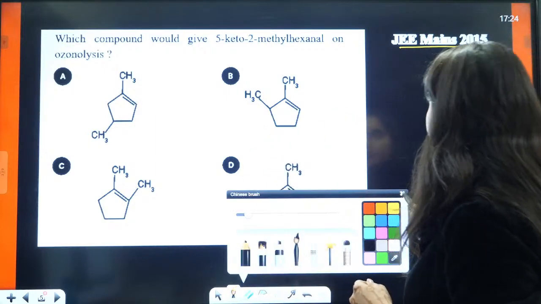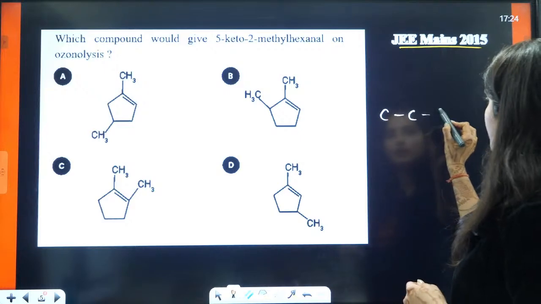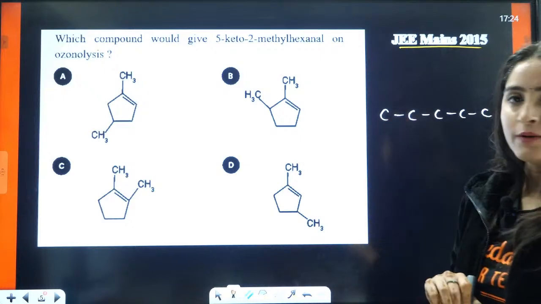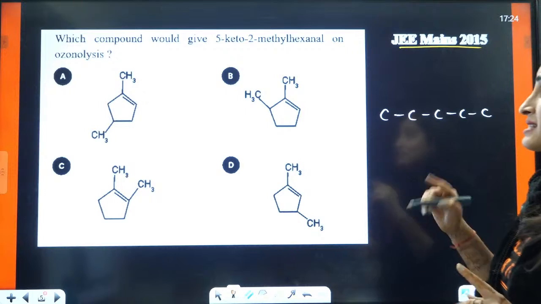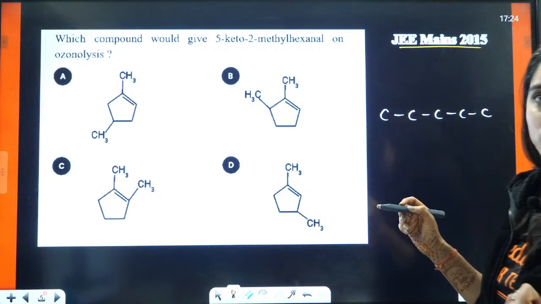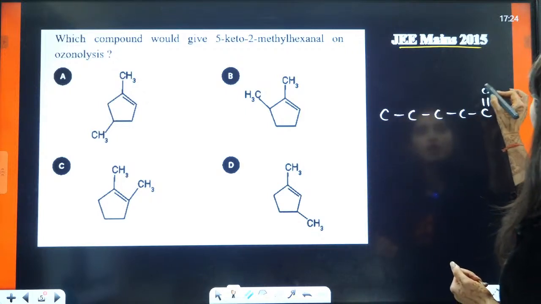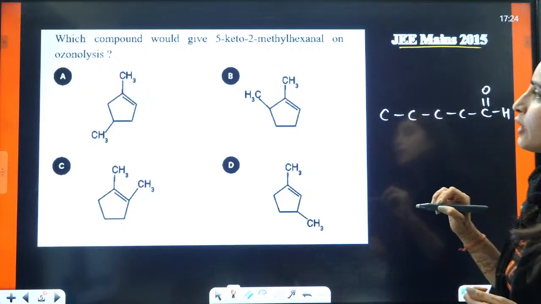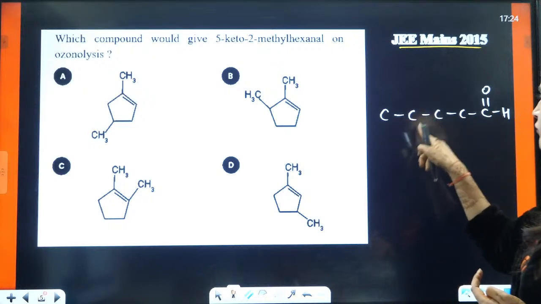Hexanal means you need to have six carbons, and the aldehyde should be on the last position, obviously. So it will be here. Then you have 5-keto. It is 1, 2, 3, 4, 5.